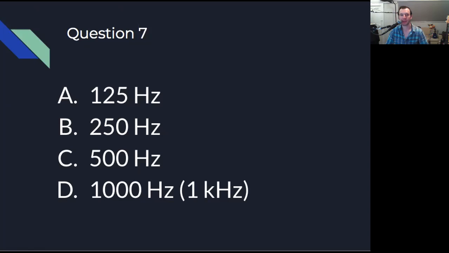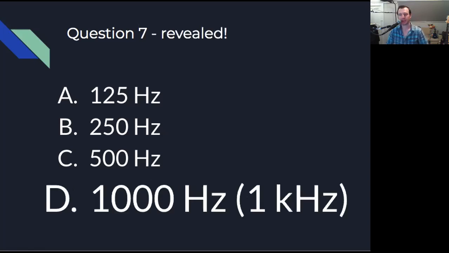Question number 7. What frequency is this sine tone? If you went with our basic test tone of 1000 hertz, you are correct.